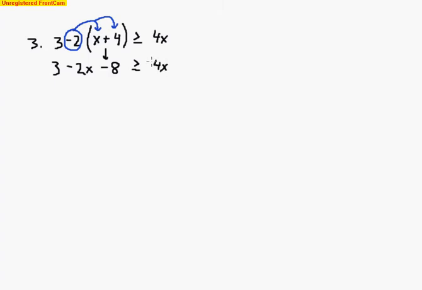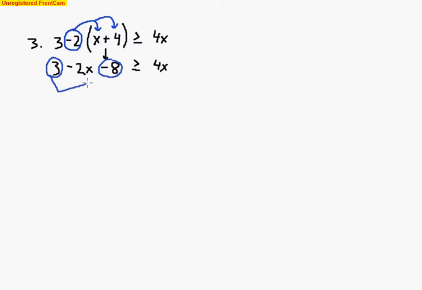Well, from this point, we need to collect like terms. So we need to combine the 3 and this negative 8. Now, some people want to do opposite operations, but we can't do that because we're on the same side of the inequality sign.